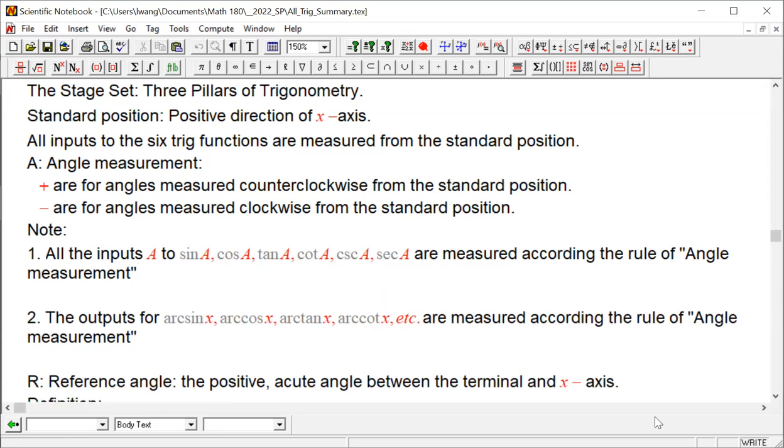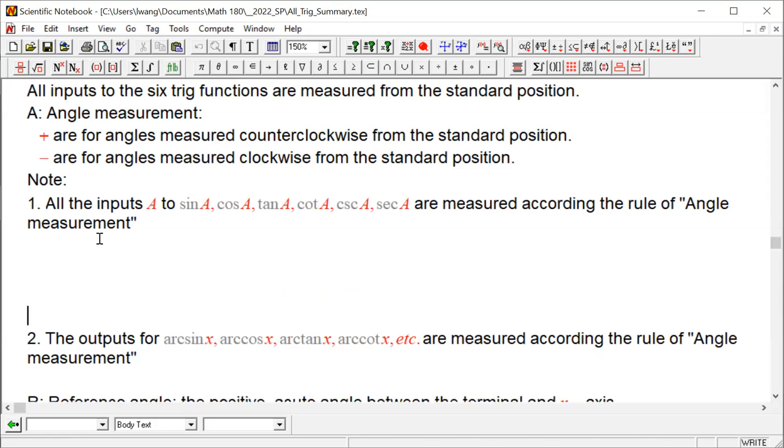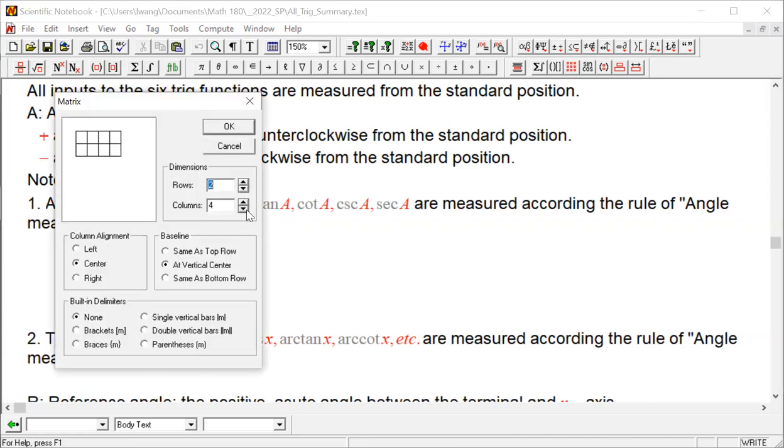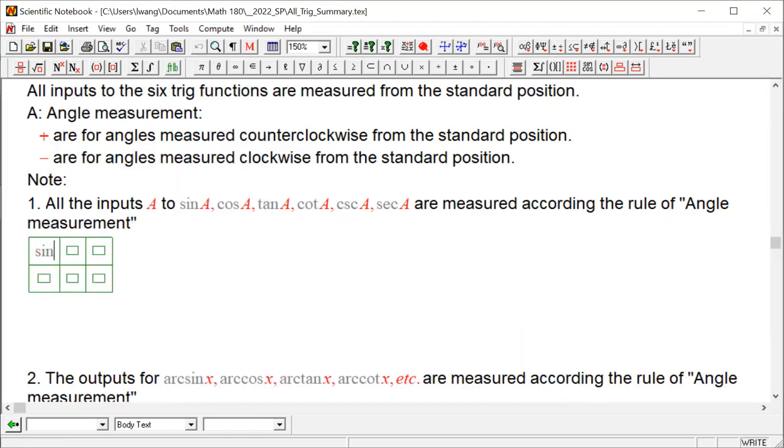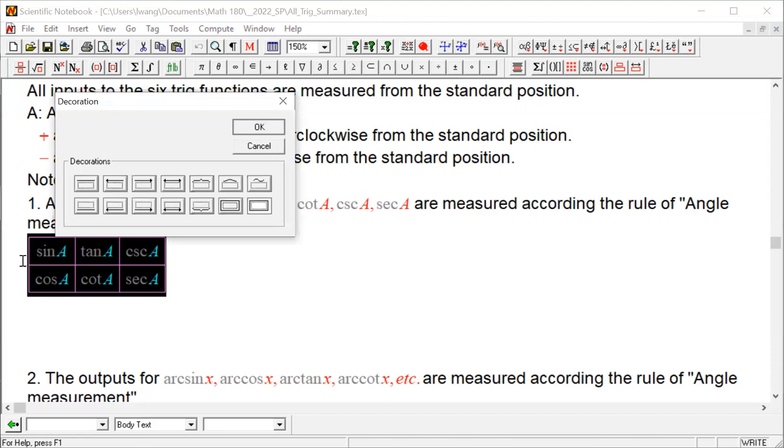What I meant here is that all of these 6 functions, so I'm going to reduce a column: sine, cosine, tan, cotangent, cosecant and secant, all of these take inputs.